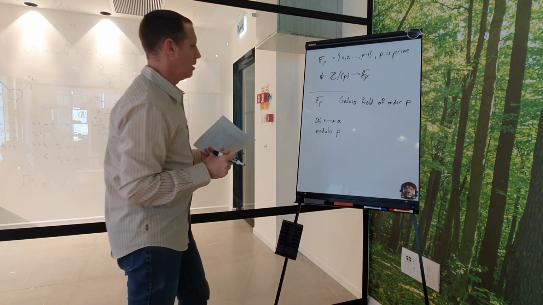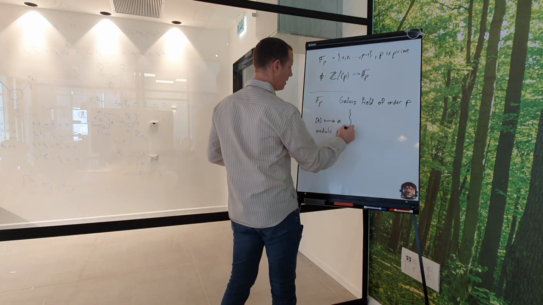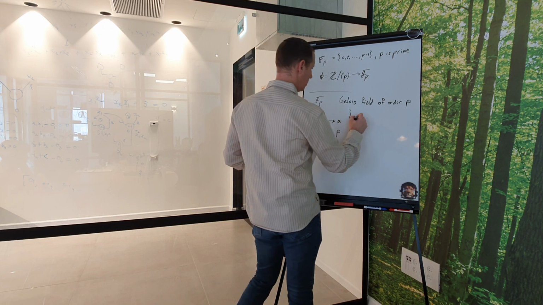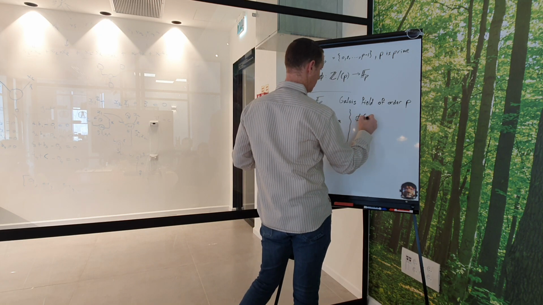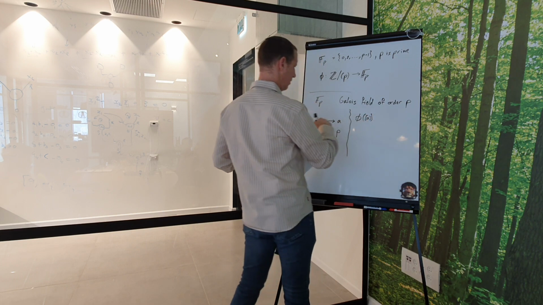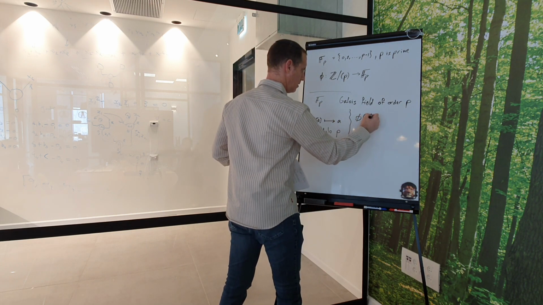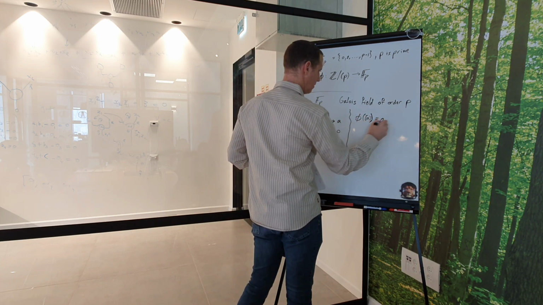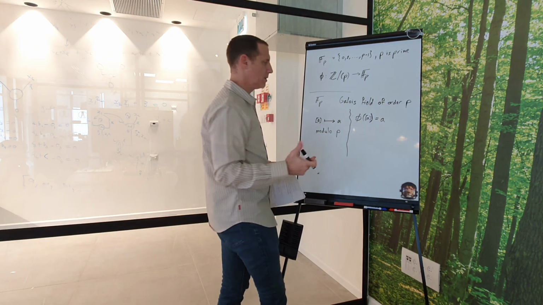So actually, if we think about it, what do we get? We get that phi of A is actually A. That's basically what the mapping is, right?